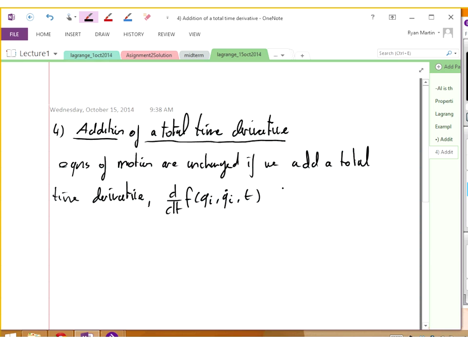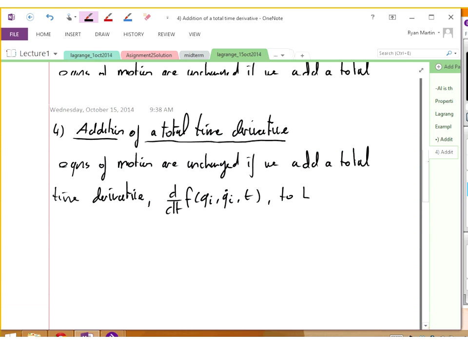In fact, it could depend on the q i dots. To L. So let's say you have a function f, you take the total time derivative of it, and you add that to the Lagrangian, then the postulate is that the equations of motions are unchanged.